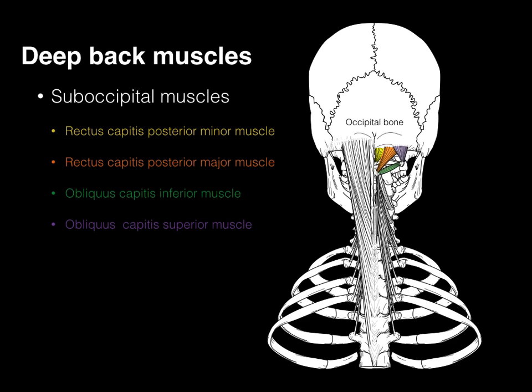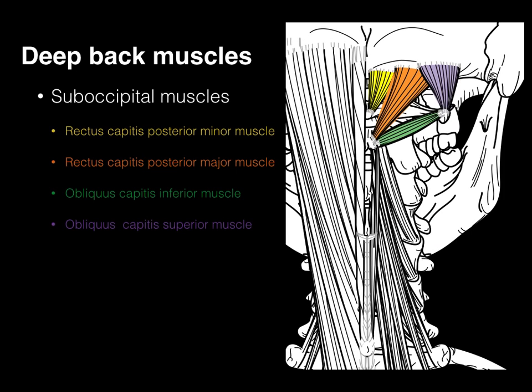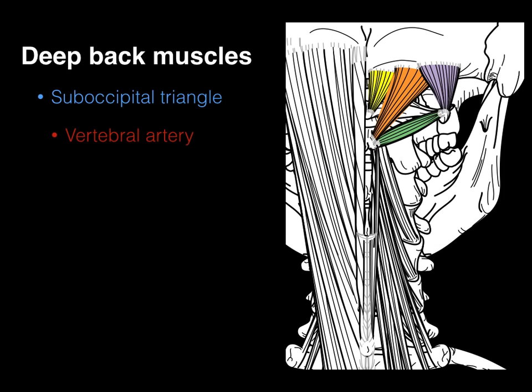I don't care if you know the names of all of those. But the main reason I want to show this, now let's take a magnifying glass and zoom in a little bit more on these muscles, is that within these muscles there is a triangle. We anatomists love our shapes like triangles. We call it the suboccipital triangle.